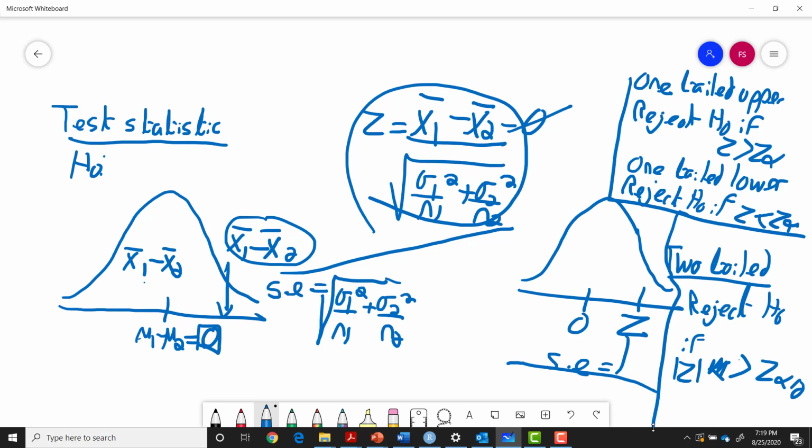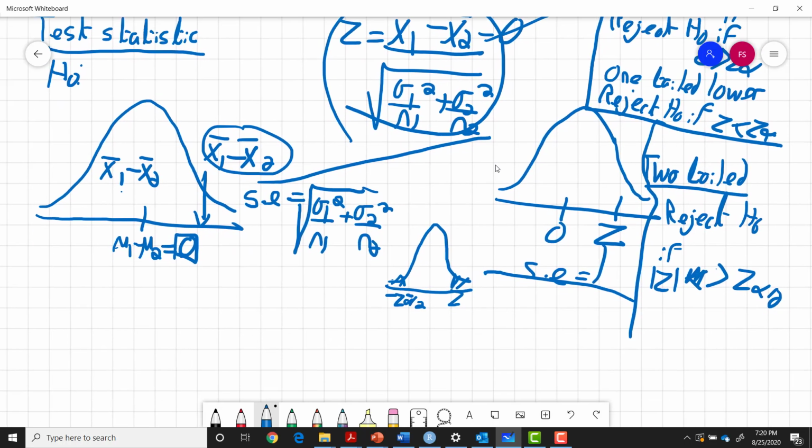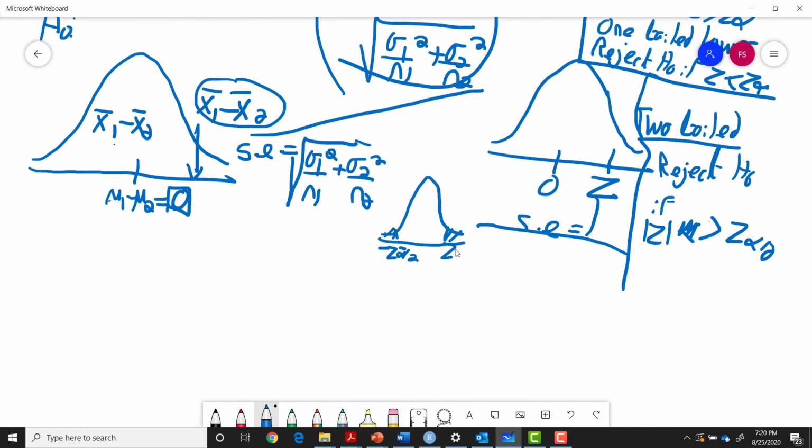Let's just do the final example, a two-tailed. I'm making this far too small, so that's negative z alpha over 2, z alpha over 2. I'm going to move my thing down a little bit.